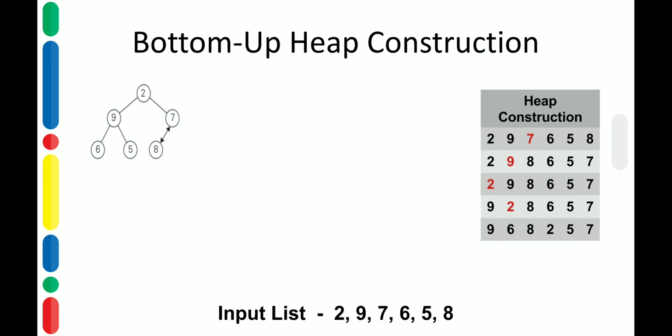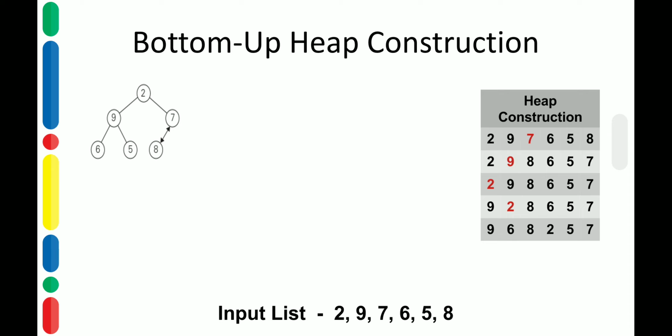The next parent to be considered is the root node 2. When we compare 2 with 9 and 8, 2 is smaller than both 9 as well as 8. Therefore, we swap 2 with the largest child. Among 9 and 8, 9 is larger.